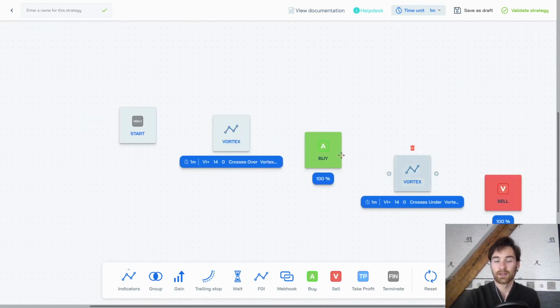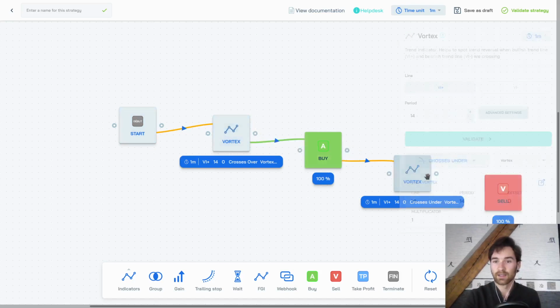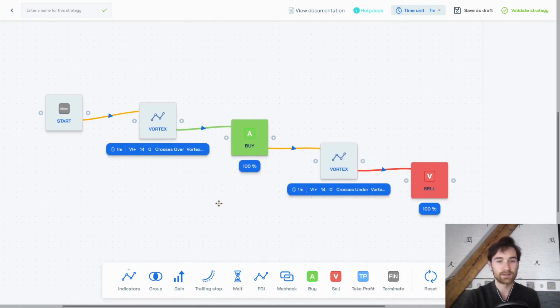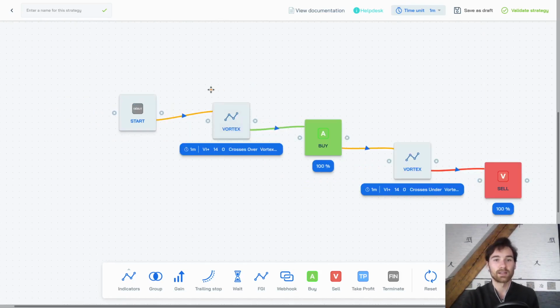Okay. So I did the different blocks and I just need now to link them like this, and in honestly one minute I represented the strategy we just started one minute ago.